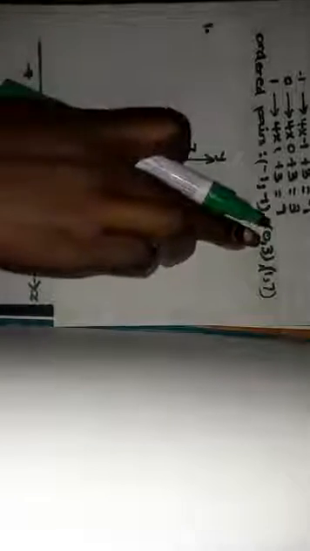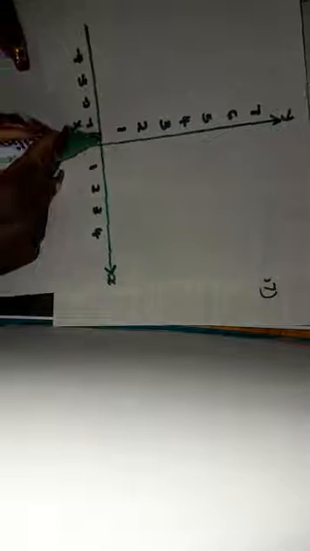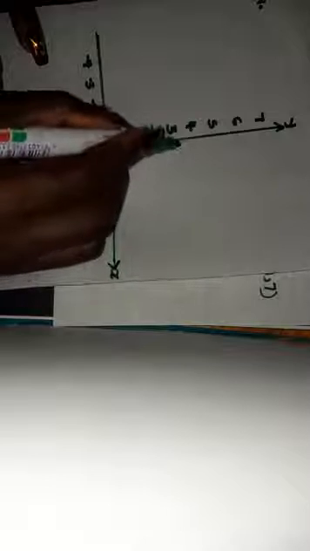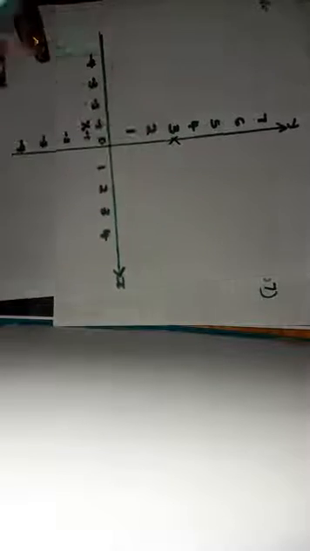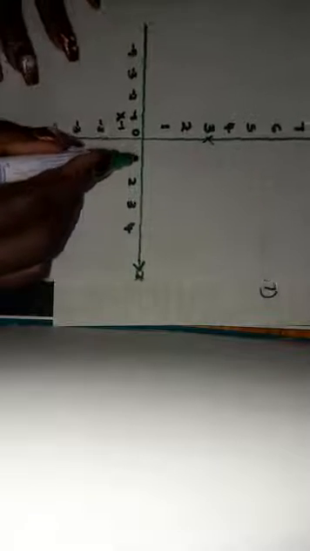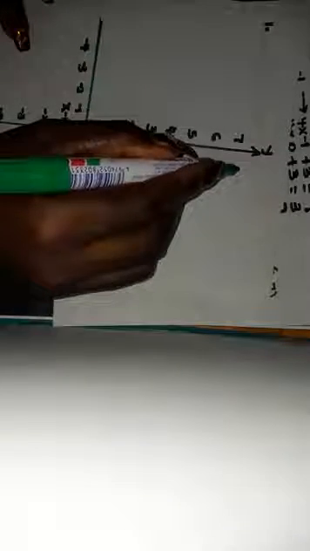The other one is 0, 3: 0 is here, then 3 lies here. Lastly it's 1, 7; our 1, then 7 lies here.